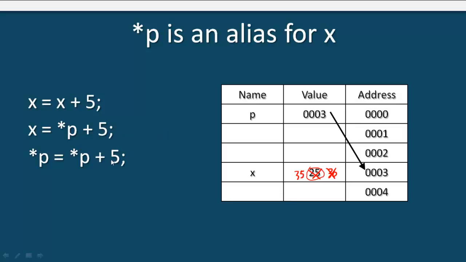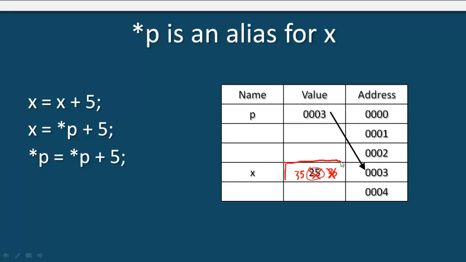In the very last expression that I have here, I have the dereferencing of the pointer P on both the left-hand side and the right-hand side of the assignment statement. Once again, dereferencing this pointer P would just get this value of 35, but now when we dereference this pointer P on the left-hand side of the assignment statement, it allows us to store a value at that designated location.